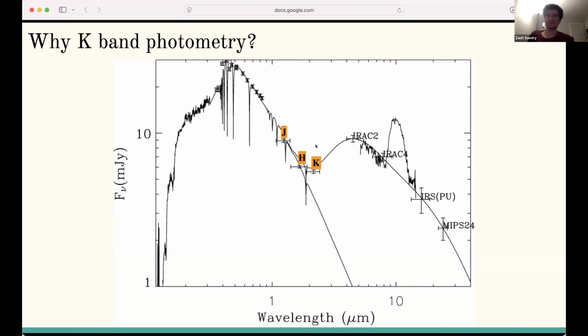So we want infrared observations to get imaging of this photosphere reprocessing by the debris disk. We specifically want K-band because, as you can see here, K-band has the strongest excess compared to the white dwarf SED, meaning it has the most light coming from the debris disk itself.